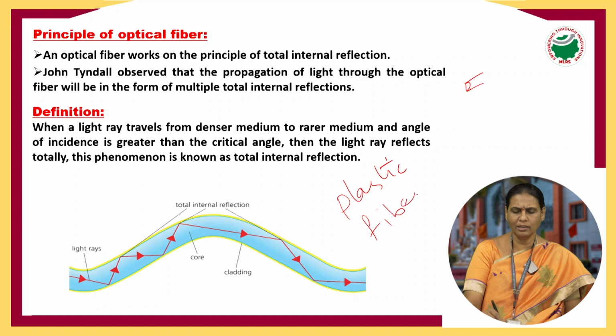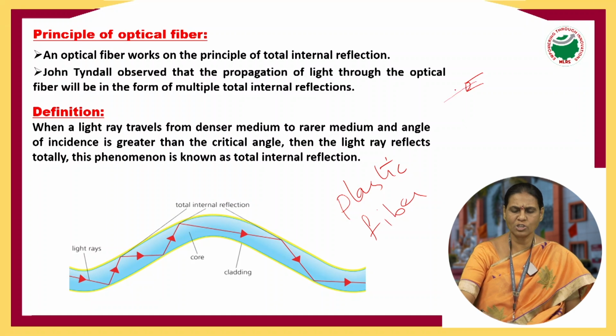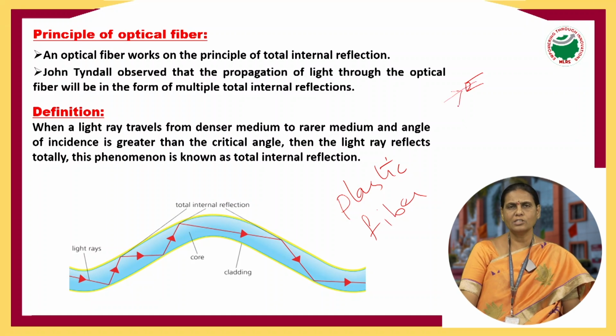By any of these materials you can manufacture a core, and only in the core does the propagation of light take place. This is the heart of the optical fiber.